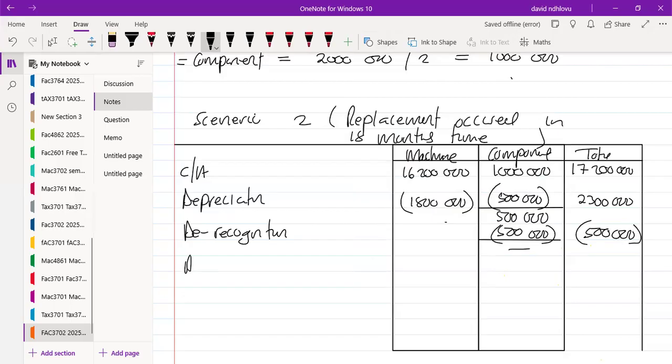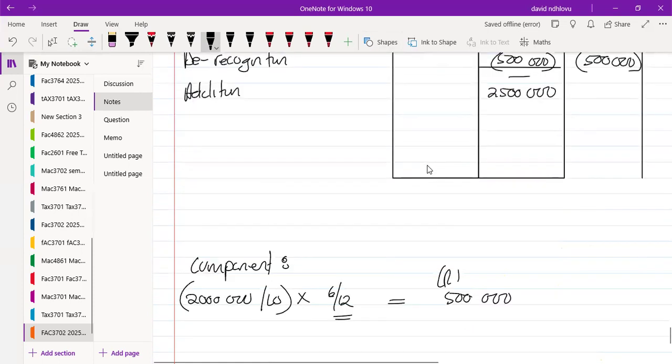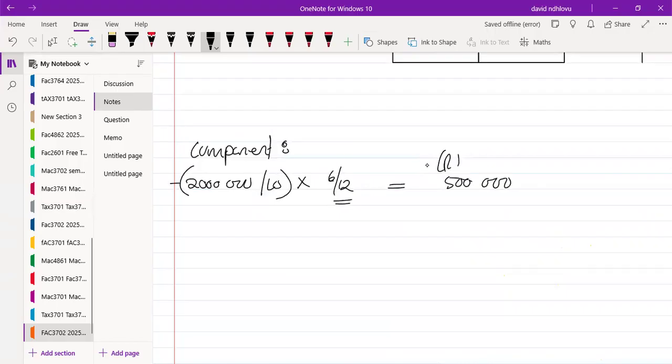Then we have an addition now of the new component, right? The new component was brought in 6 months before the end of the year. So therefore, it will attract depreciation. The plan is still to replace after the year. So we say divided by 2, but in the current year, it would have been used for only what? 6 months.